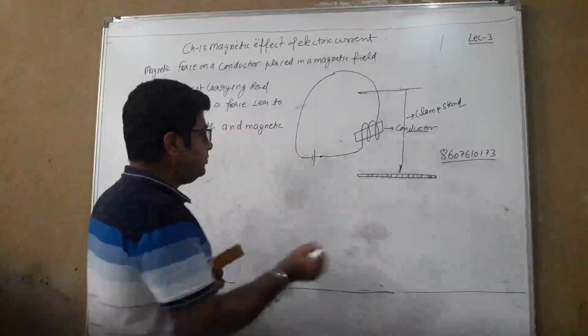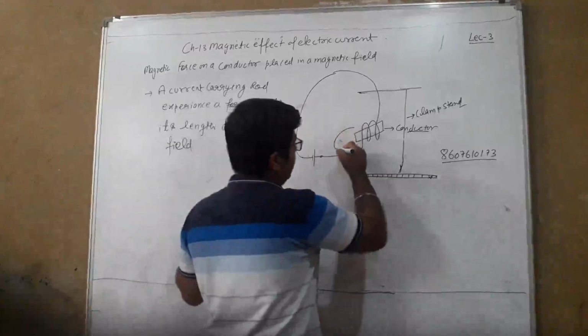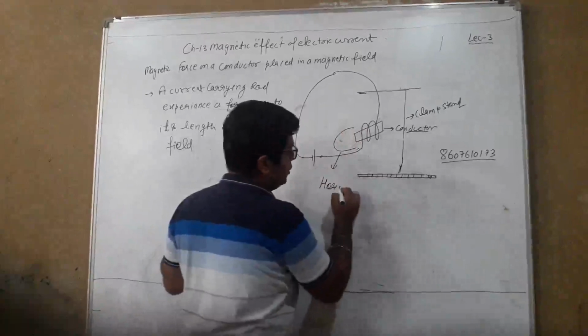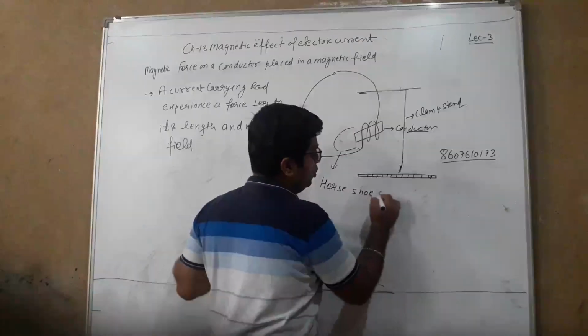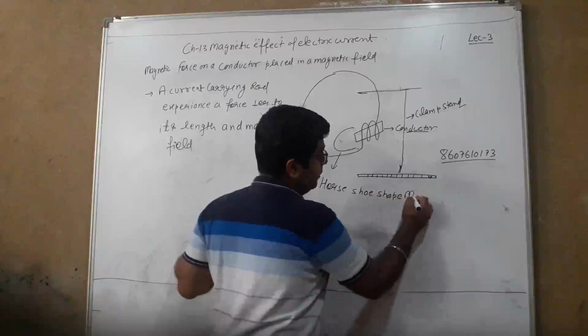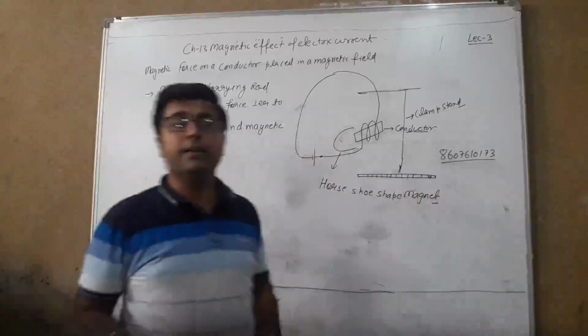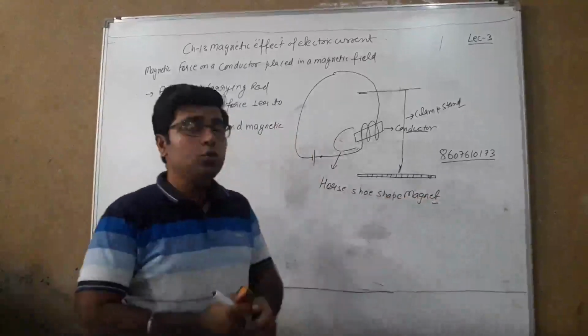And now if I place a horseshoe shaped magnet around this conductor, then we have two magnetic fields.